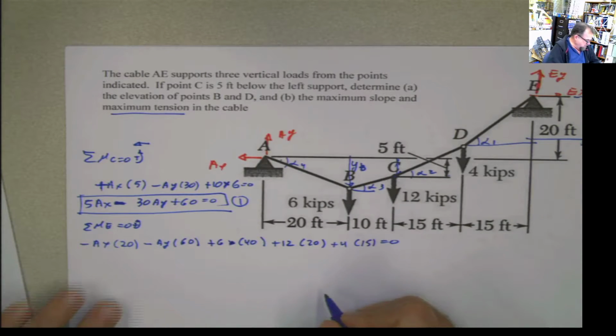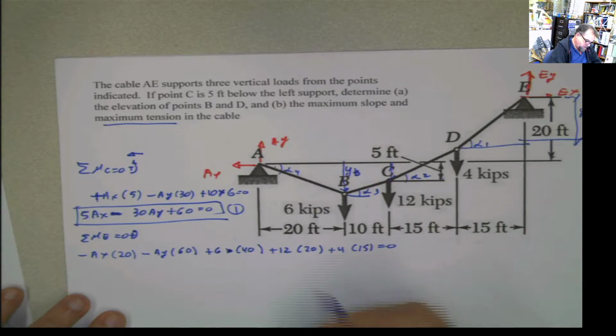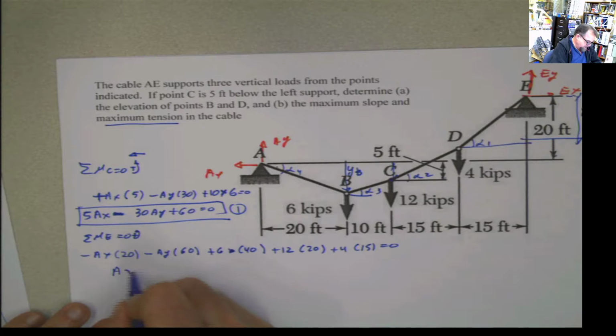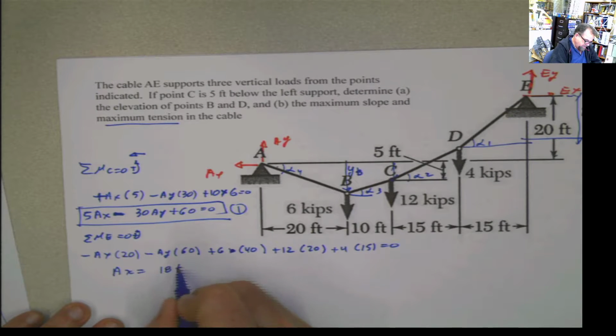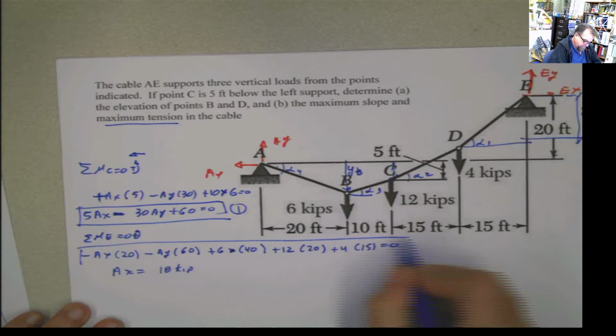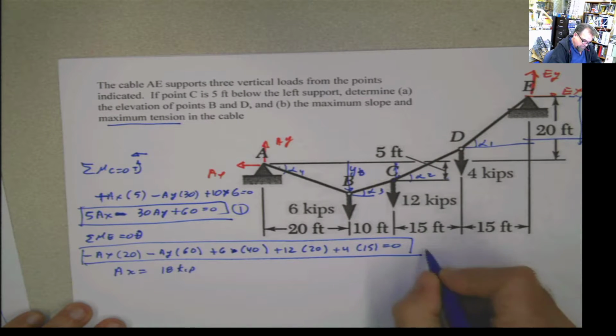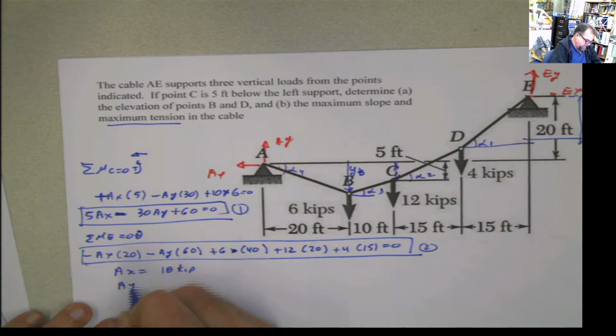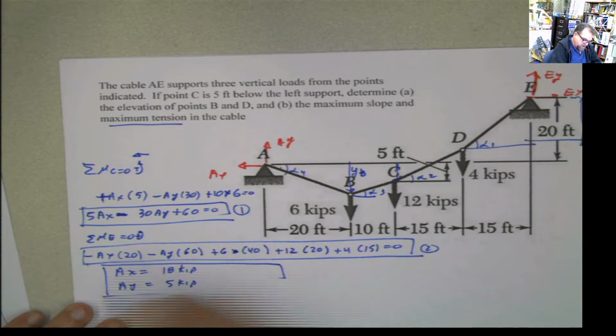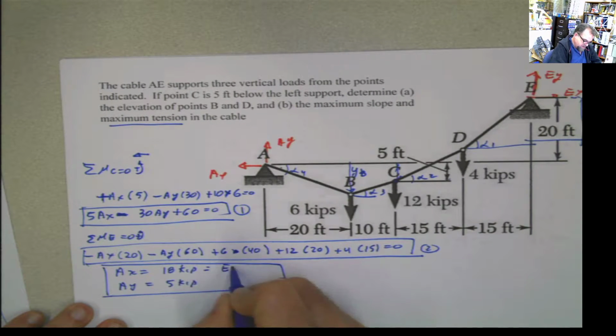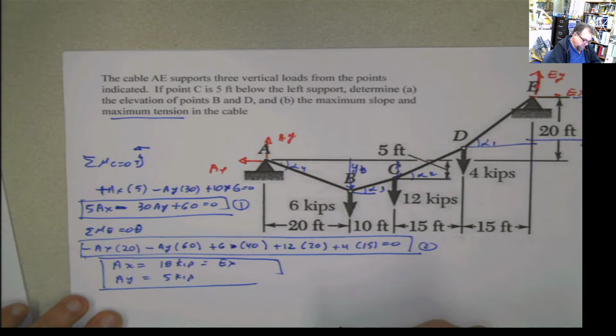If you combine these two equations, this and this, you can get AX equal 18 and AY equals 5, which by the way is going to be the same AX. Okay, good.